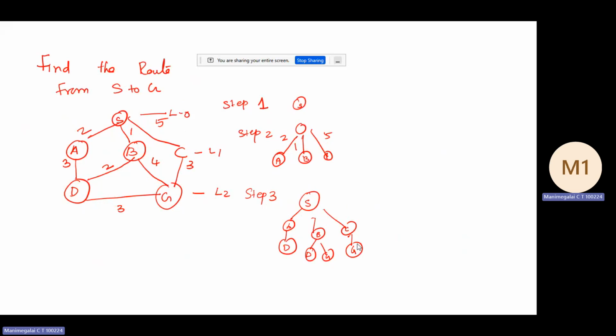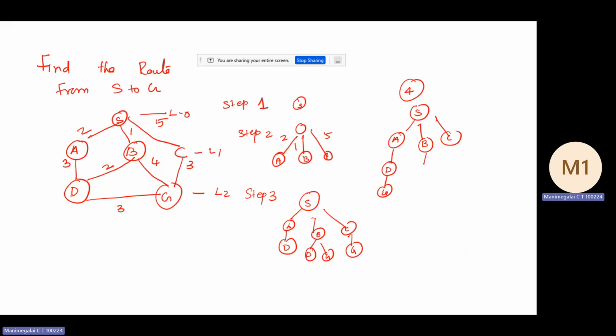Now we have to see what is step 4. What is step 4? Yes. S is connected to A, B, C, and A is in turn connected to D, and D is in turn connected to G. So that is one completeness.